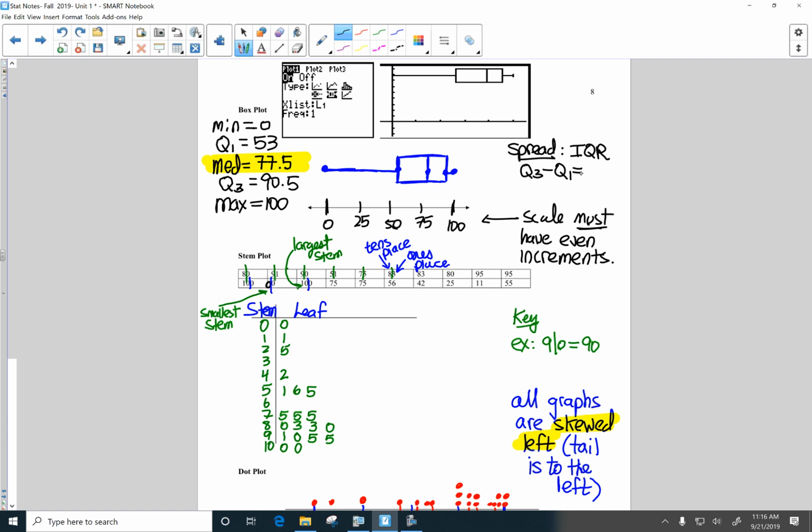So you're getting the spread from your 5-number summary. So we just need to take 90.5 and subtract from it 53. Is that 37 and a half? Ish.